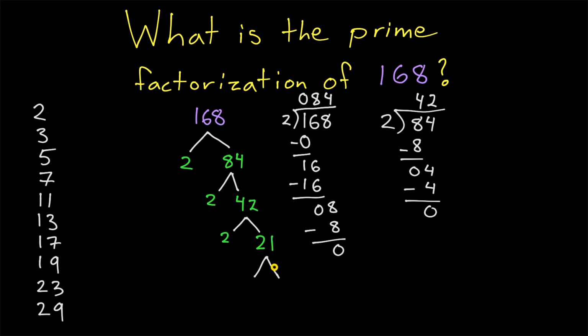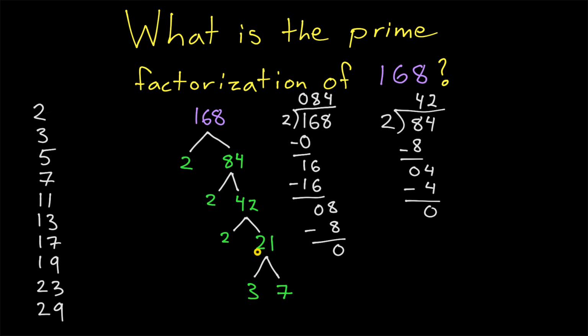The only question is, what can it be factorized by? Well, 21 is clearly not divisible by 2 because it is not an even number. How about by 3? Well, if you think about it long enough, you'll realize that 21 is in fact divisible by 3, yielding a quotient of 7.